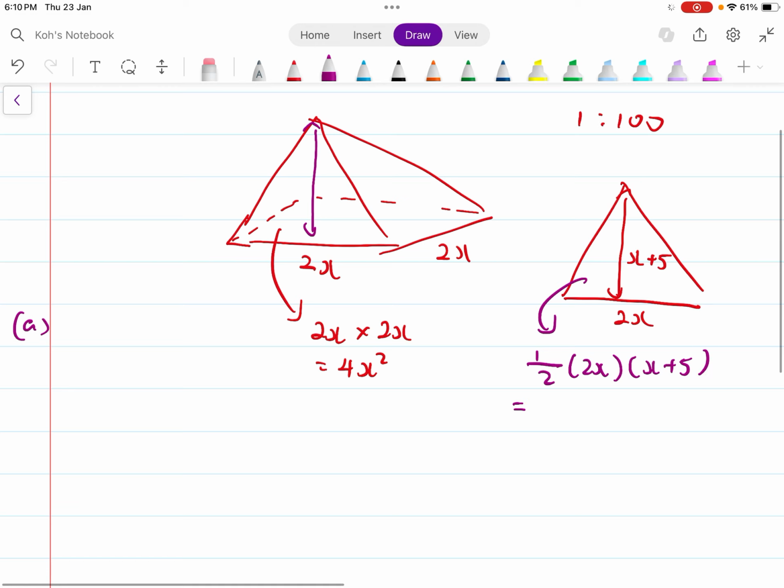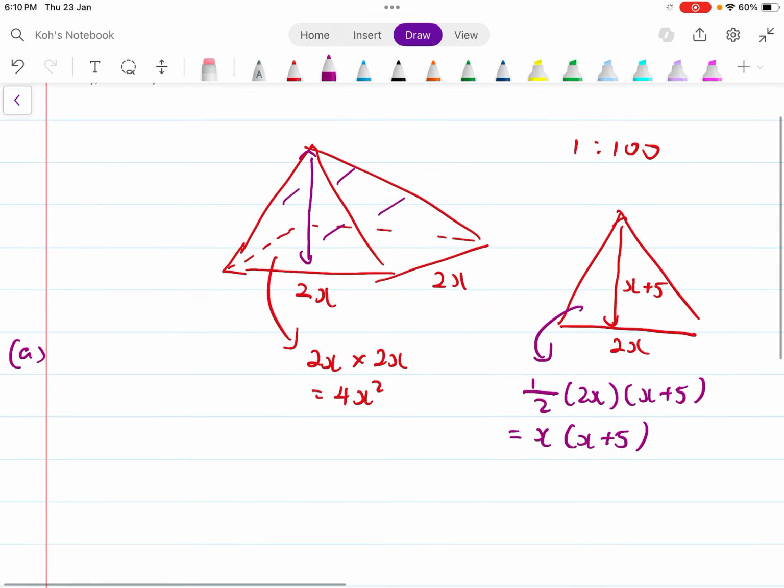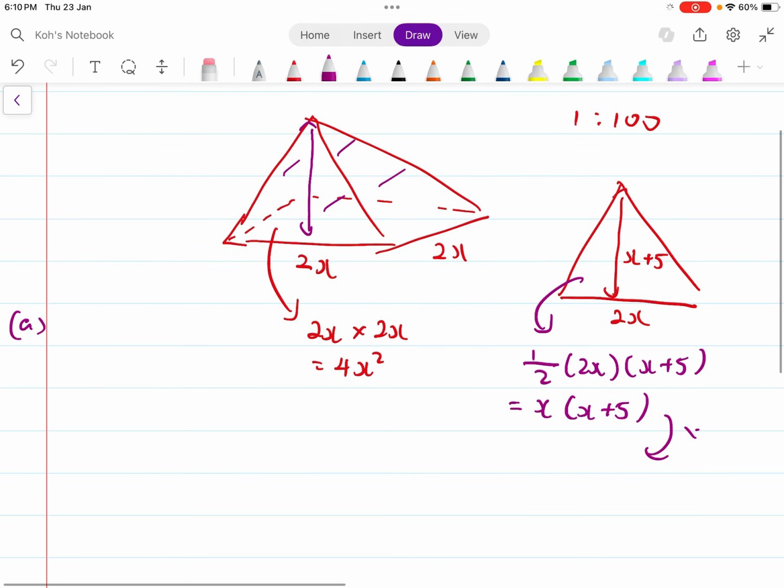So definitely you will get something like x plus 5. But this is only one triangle, and we got 4: 1, 2, 3, and 4. So you times 4 for the total surface area. This will give you 4x(x plus 5).